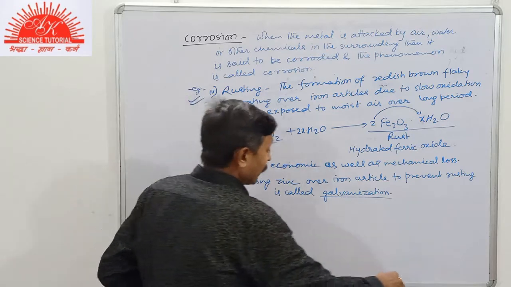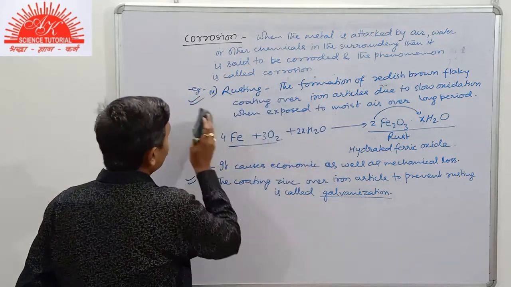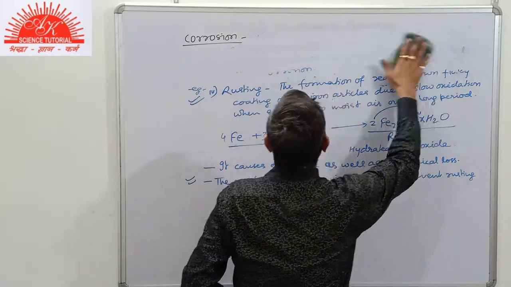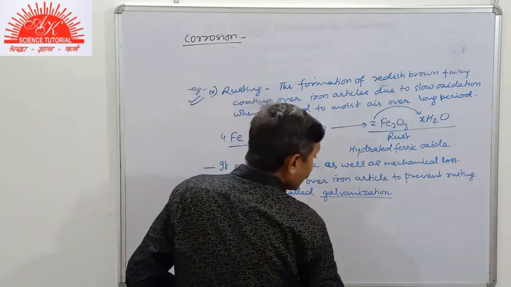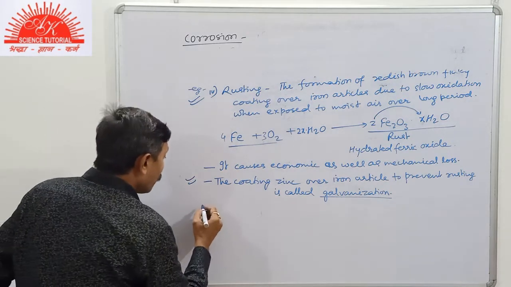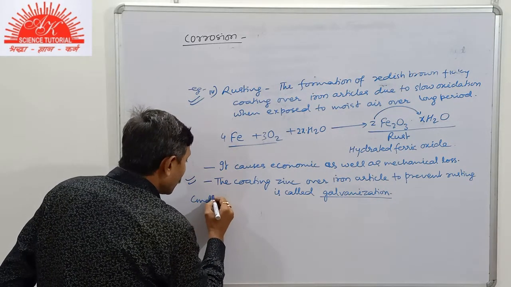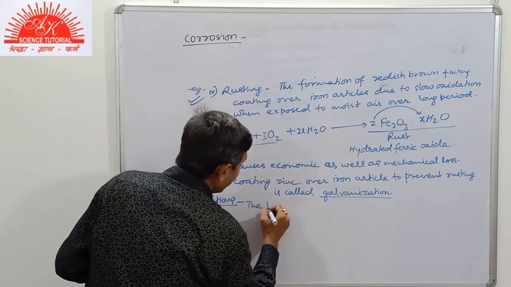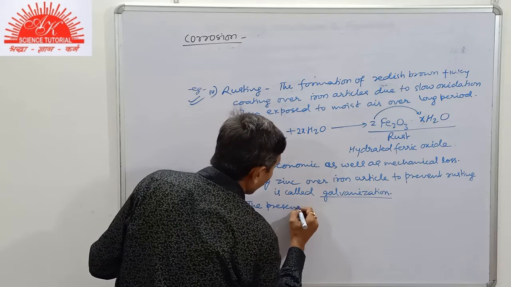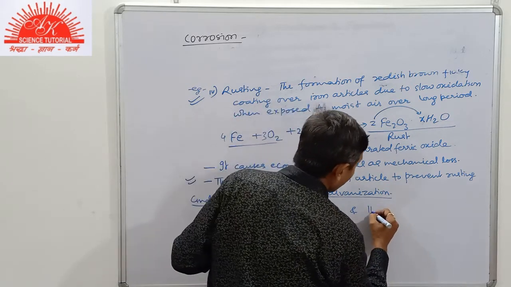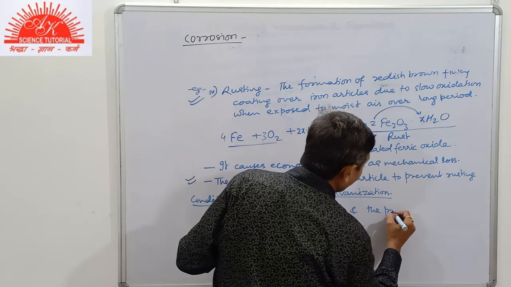Now one more thing, student, about rusting. Rusting requires two conditions: the presence of air as well as the presence of moisture. So the conditions required for rusting to take place are the presence of air and the presence of moisture.